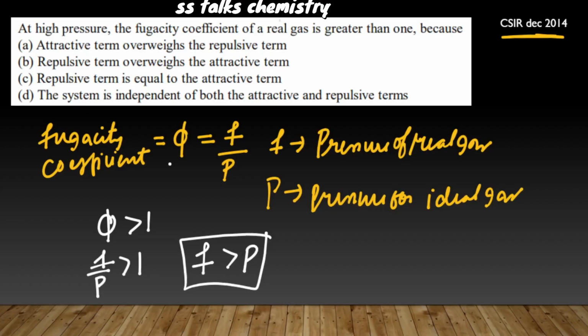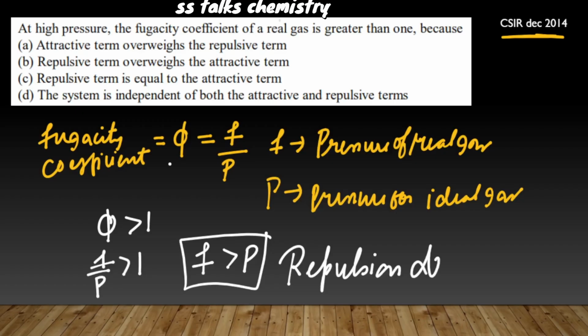So pressure is produced when the particles are colliding with one another and also with the walls of the container, right? So that means in the real gases, what term has dominated? That is why they are producing the high pressure. That means the repulsion is going to be dominating.